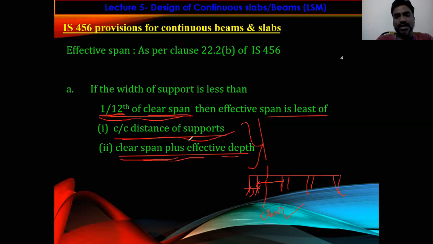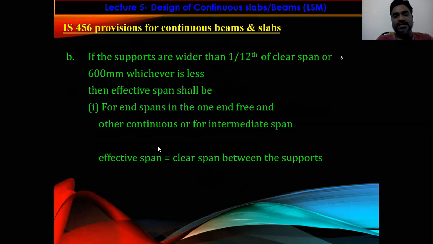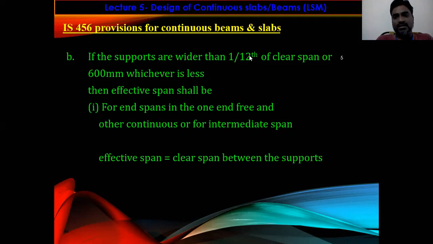lesser. Suppose the width of the support is greater than 1/12 of the clear span, then how do we determine the effective span of the beam? In that case, the effective span should be calculated like this.